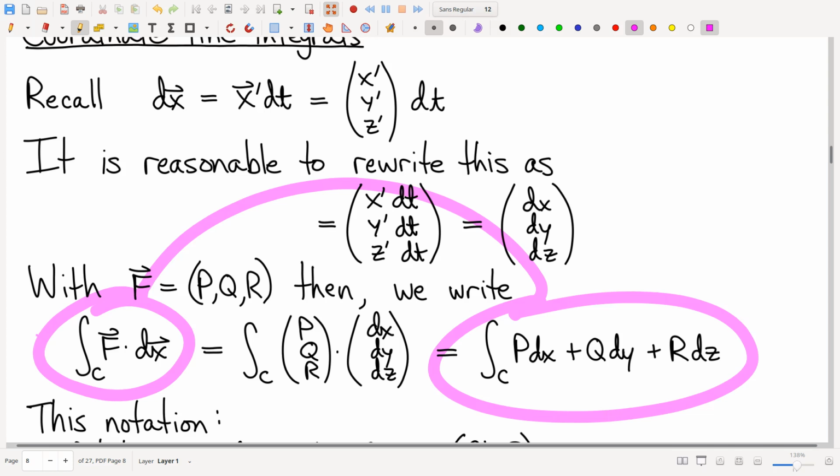And the notation here is what I like to call natural. F is a natural thing. It's a vector field. Maybe it represents velocity. Maybe it represents force, but it represents something physically natural. The dx vector, again, is geometrically natural. It represents displacement. That's a real thing. You can draw a picture of it. It's meaningful to the context. Well, let's look at this over here.